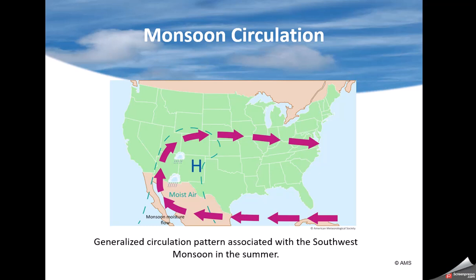It becomes pretty stationary. Think about it. If you have that pattern, then you're going to be pulling air in either from the Gulf of Mexico or the Pacific Ocean into that area. That hot air is going to rise. You wind up with thunderstorms, and then the air circulates back out. See, that is their time of year to get the most rainfall in the desert.